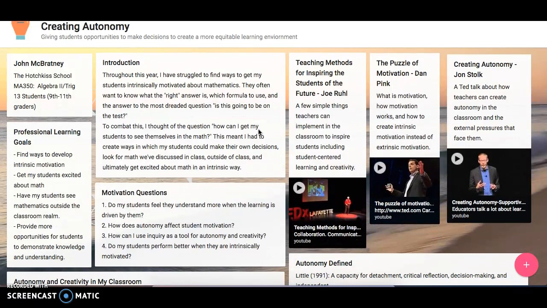I want to be able to give my students as much of a voice as I possibly can, because they have said to me that they are more motivated when they are able to have those decisions, and they also find that it really helps them be creative in a subject where there's the common misconception that there really is not much creativity in math, but I wanted to prove them wrong.